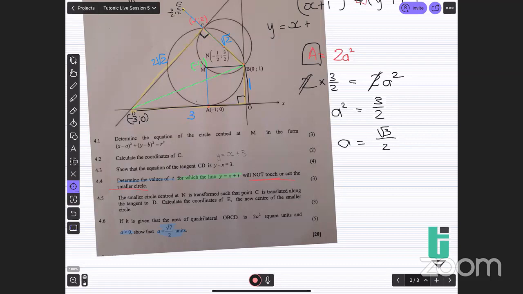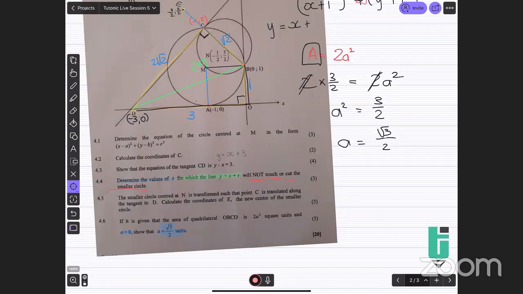Minus 3 plus 1 squared. I mean, we're very close. Root 8 is 2 root 2. 2 root 2 times root 2 is 4 divided by 2, which is 2. Yeah, we got that.